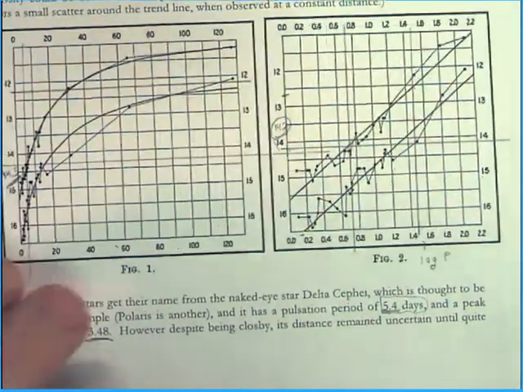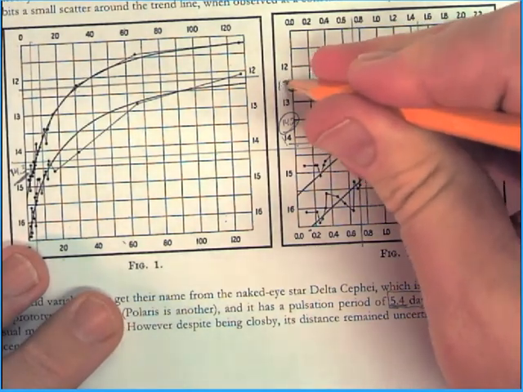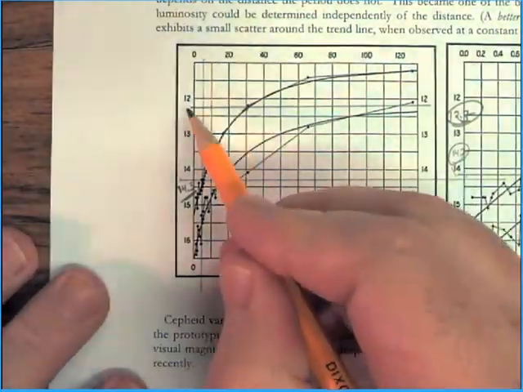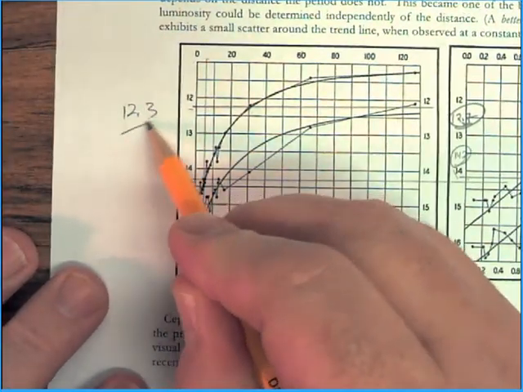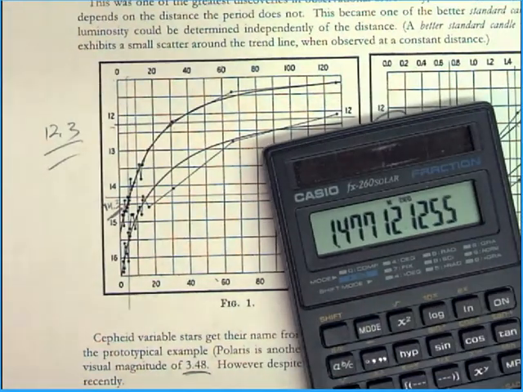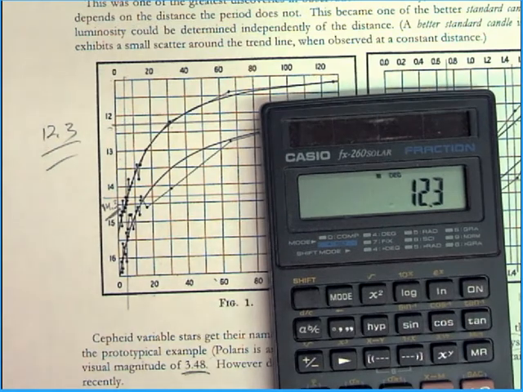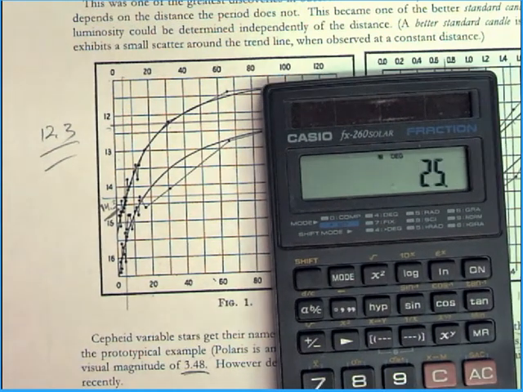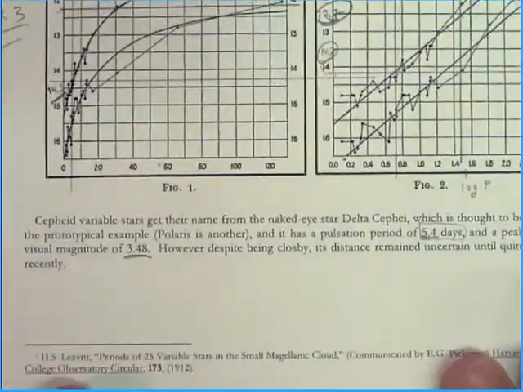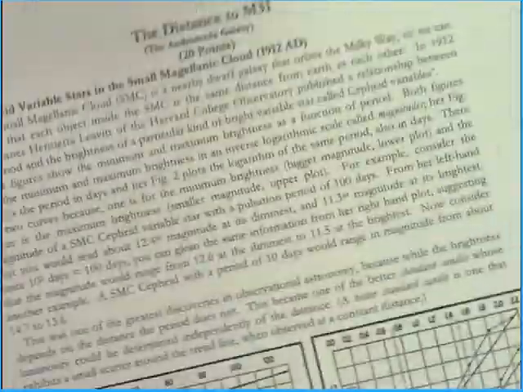So we have 12.7 here and about 12.3 here. I said 12.25 and 12.75, that's about right. So if we average those two, we get about 12.5. So why don't we call it 12.5?